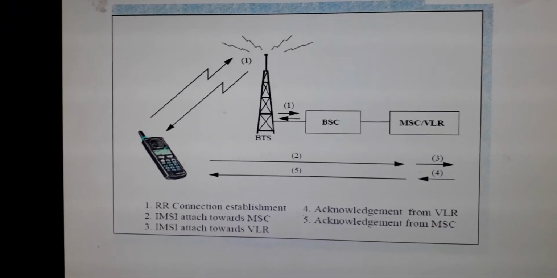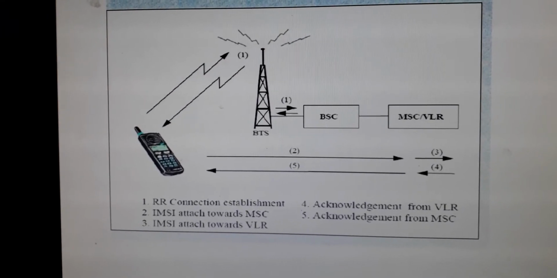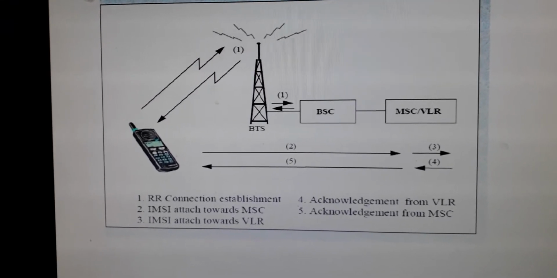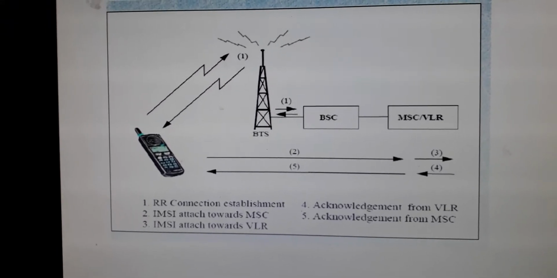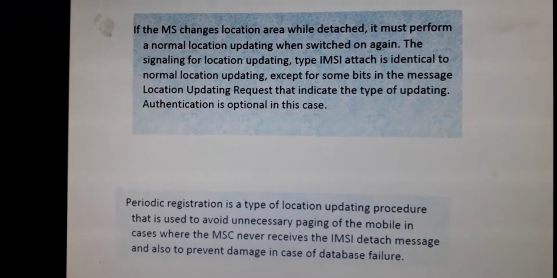Every connection is happening through radio resource connection: IMSI attach towards MSC, IMSI attach towards VLR, and acknowledgement from VLR and MSC. So 5 steps will be followed in IMSI attach location updating.